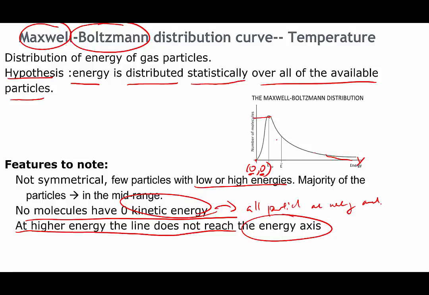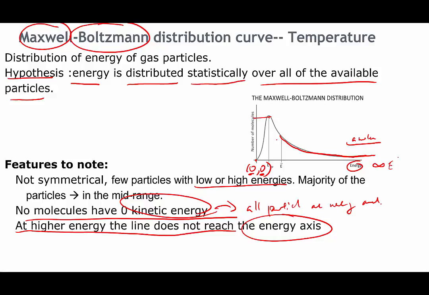The reason for that is we found out that at almost any energy except 0 kinetic energy, especially at the higher energy, you will always have a few molecules that actually possess a high energy.